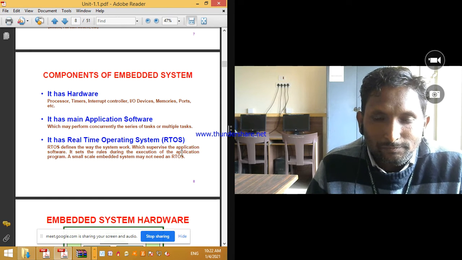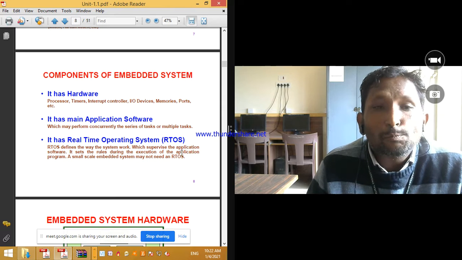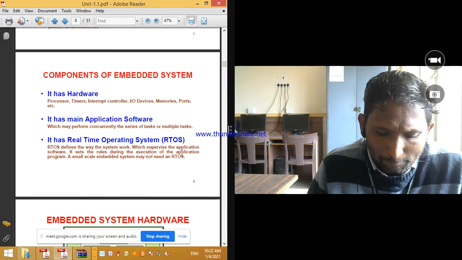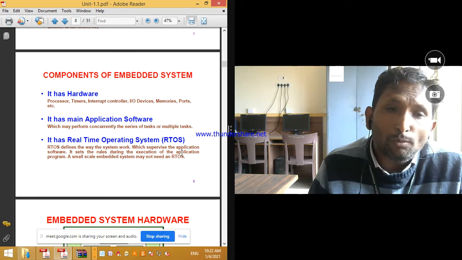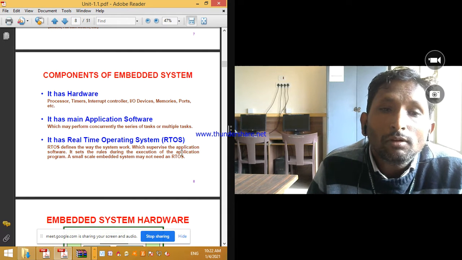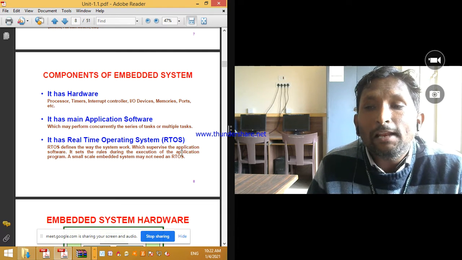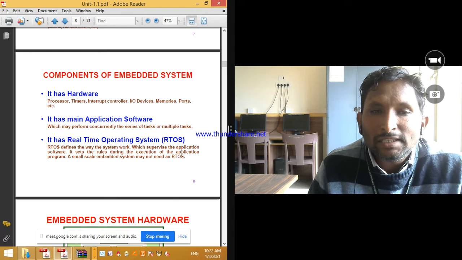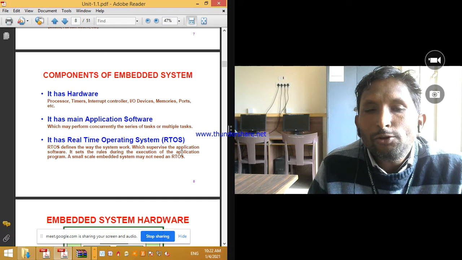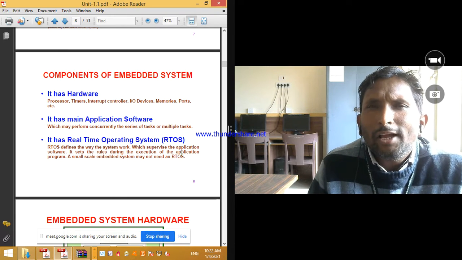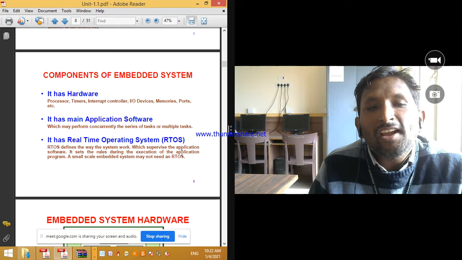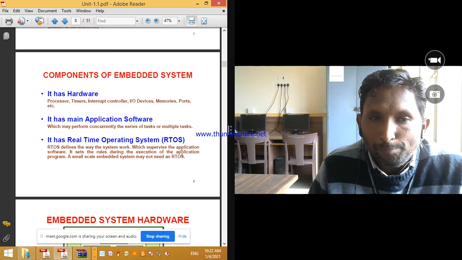processors. It requires processors. For example, Arduino Uno is the processor nowadays available. ARM is one of the very highly recommended processors, and now everywhere industry uses it to create embedded systems.